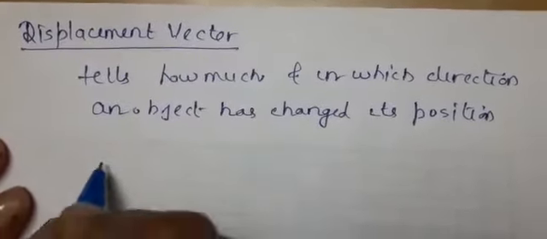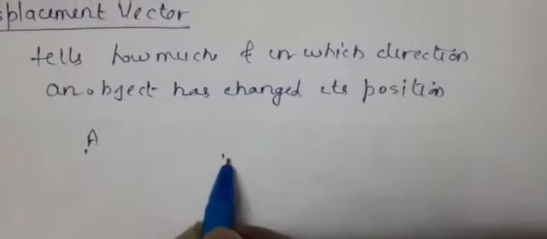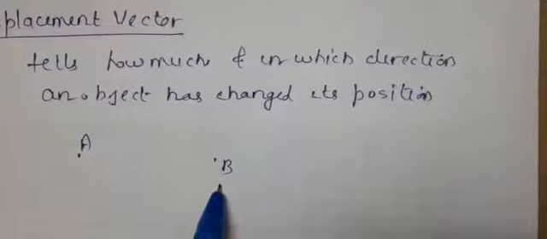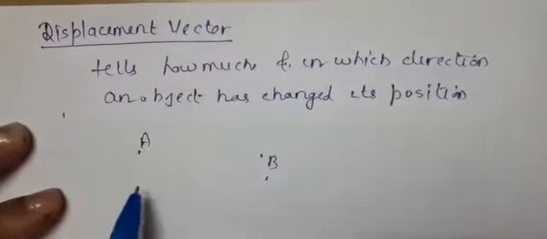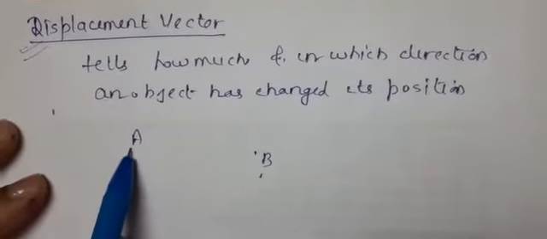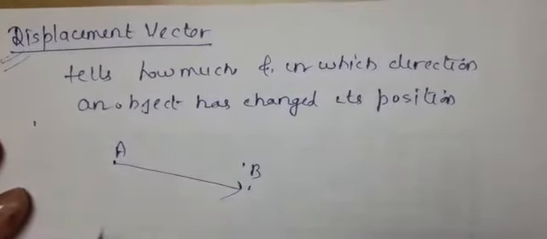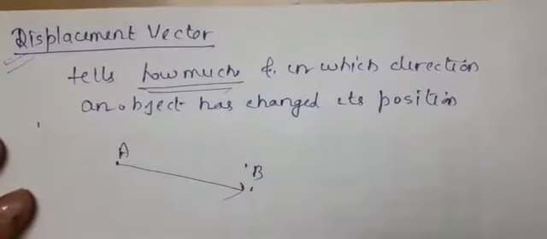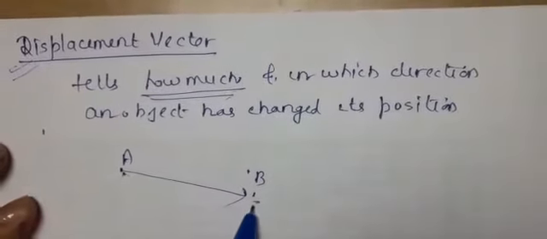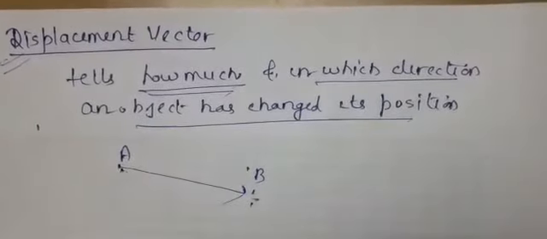That means if we are saying the body is initially at point A and it has shifted to point B, whether this point B lies here or somewhere else, by the knowledge of this displacement vector we can analyze in which direction the body has shifted. So it tells how much, by what amount, the separation between these two, and in which direction an object has changed its position.